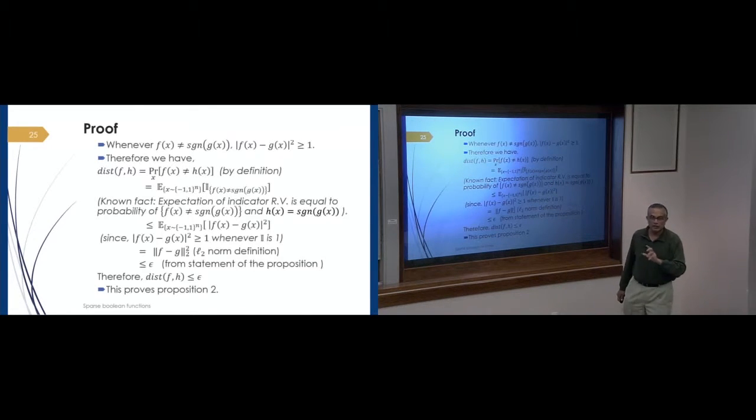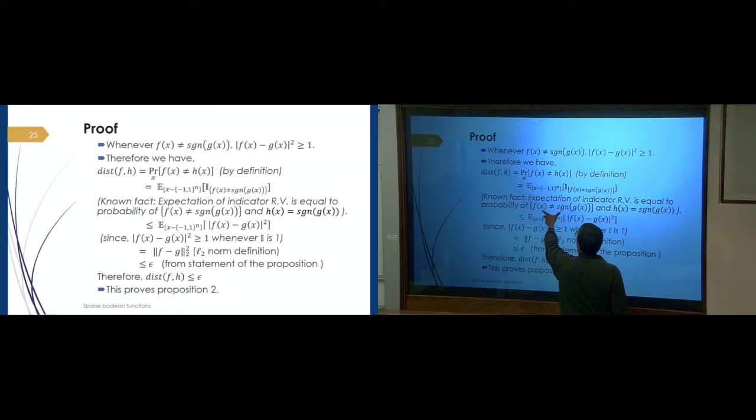Then we are going to take this statement and replace it by this statement. The replacement works because the expectation of the indicator random variable, that's this one, is equal to the probability that f(x) is not equal to sign(g(x)), and h(x) equals sign(g(x)). So basically, this is a definition. This indicator's probability follows from this statement here.